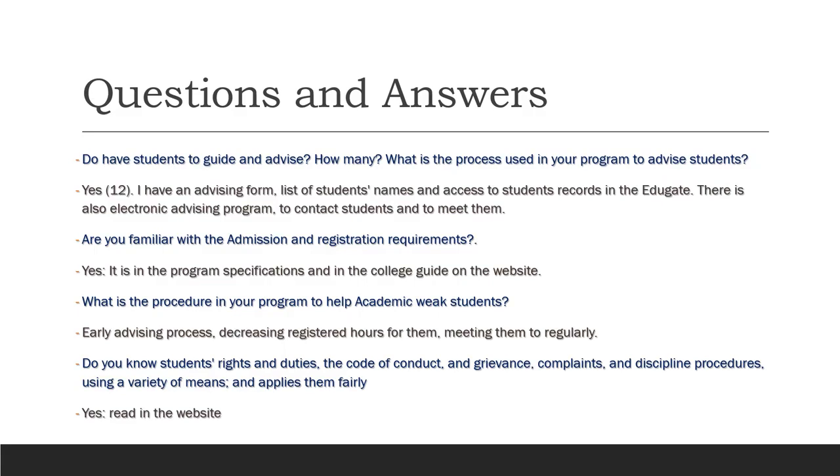For example, give him an advising plan for several semesters in advance. Also, you have to meet him regularly during the semester to follow his achievement.